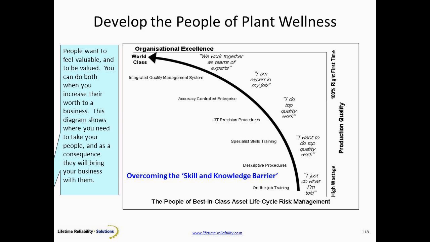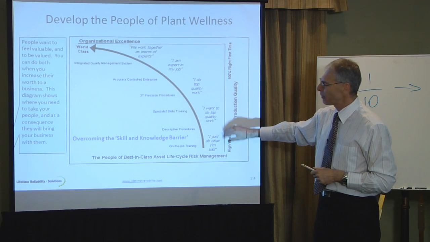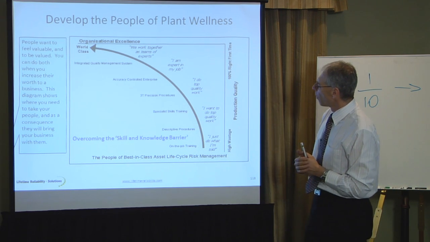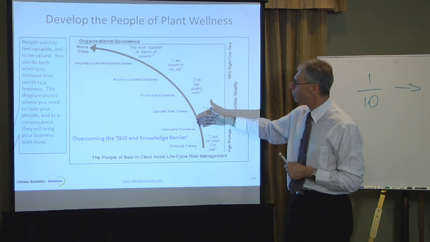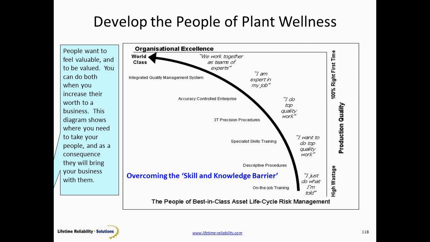So the idea here is we're just doing as we were trained to do, but that is giving us the results we're currently getting. So I want to have a path where we move up this scale to we become special, become more skilled, become specialists, have better procedures, high quality procedures, the three key procedures, become an accuracy controlled enterprise where I am now an expert in my area of expertise.